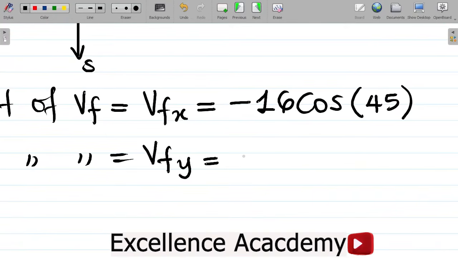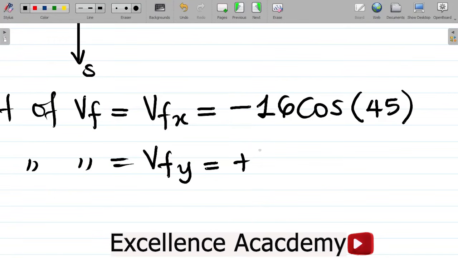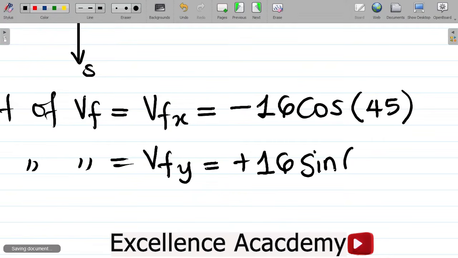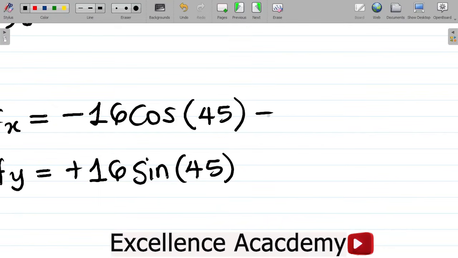That's the sign convention. The value of the velocity is 16, and for vertical we use sine of the angle, so 16 sine 45. Let me get my calculator and punch this real quick.